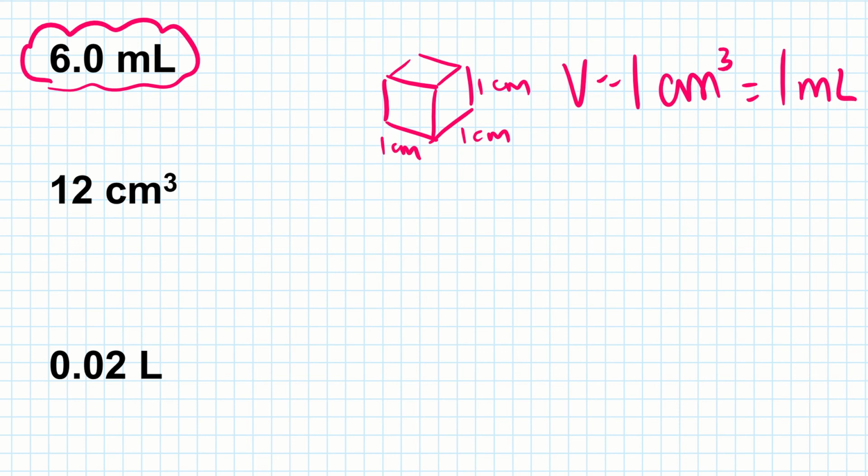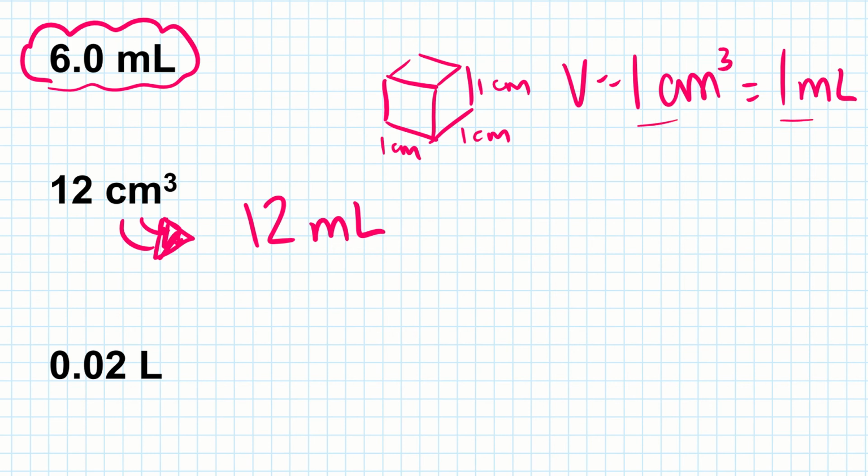Okay, knowing that information, it's very easy to convert that then. It's easy to convert that into milliliters. We just know if it's in cubic centimeters, it's the same as however much it is in milliliters, because there's a one-to-one relationship there.